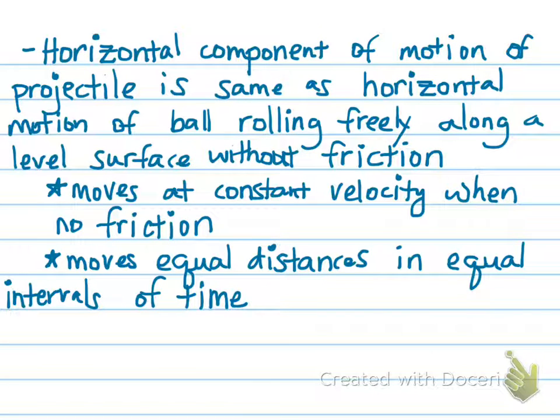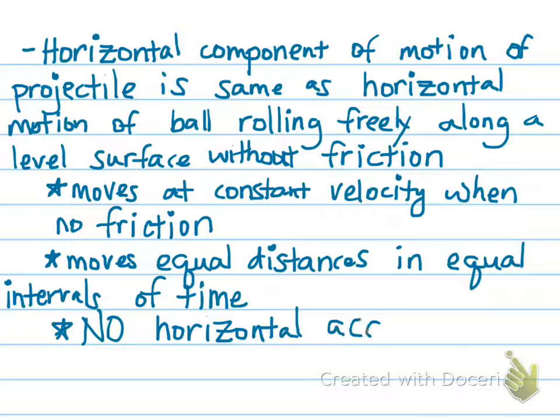On that concept development page, our interval was 1 second. So we looked, where is the ball in 1 second? Where is it 1 second later? It seems to me it was like 2 meters further each time because the velocity was 2 meters per second. So in each second, it moved 2 meters. What that means is there is no horizontal acceleration.